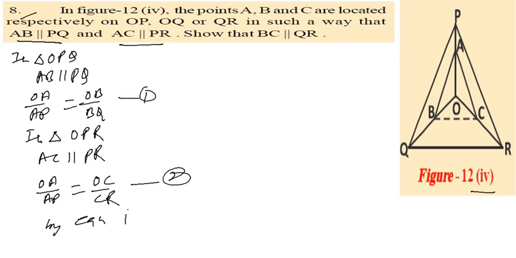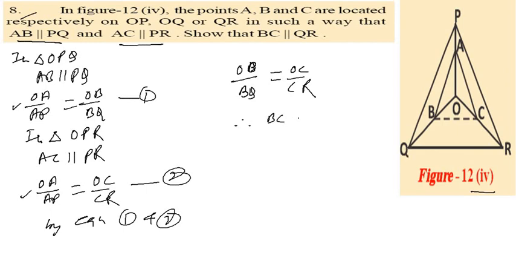By equation first and second, the left hand sides are equal, so we can say the right hand side is also equal. So OB upon BQ is equal to OC upon CR. That means BC is parallel to QR. Hence, BC parallel to QR. So it's proved.